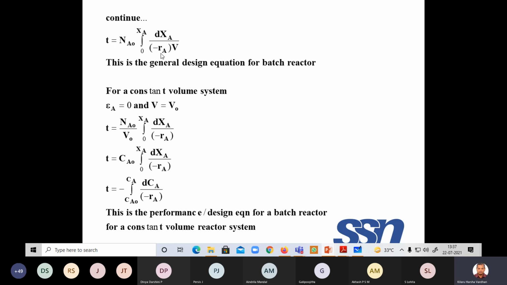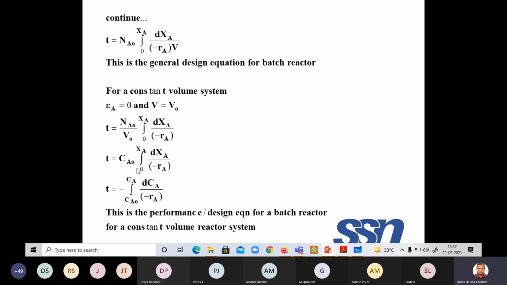If you want to keep it in the number of moles, this is the expression. Or Na naught by V, you can write as Ca naught also. That's up to you. This is the general design expression for the batch reactor.